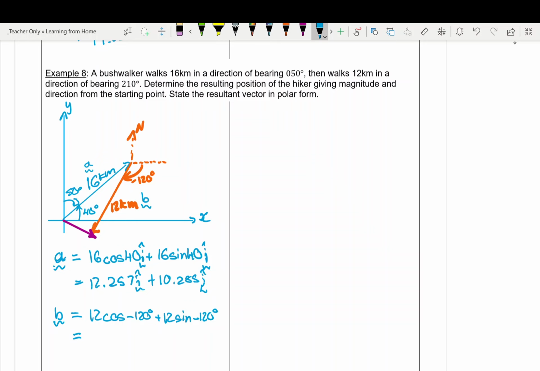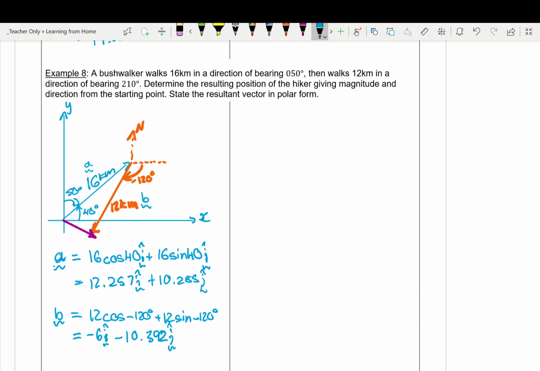But either way, that's going to give us negative 6, and we know it's going downwards, so that's going to be minus 10.392 j.